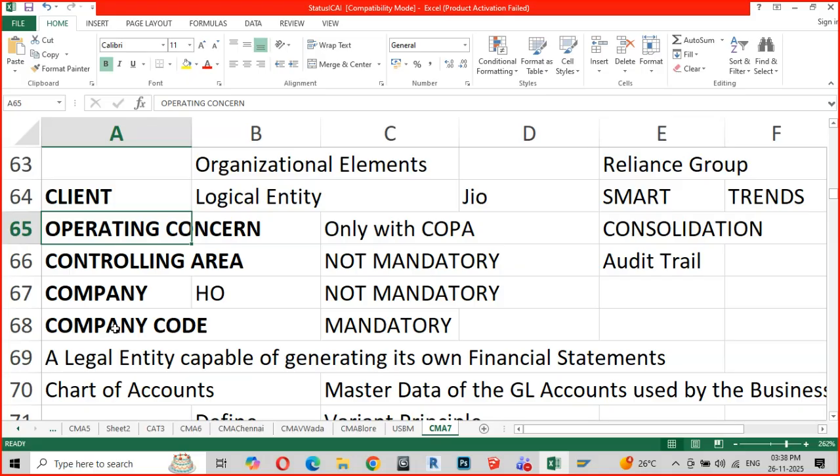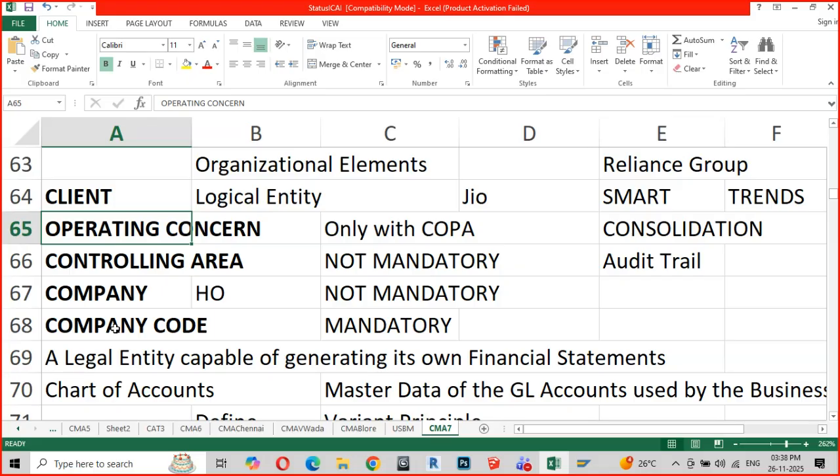So, now, whenever you have your company codes reporting back to its mother company or to the corporate office, you have another concept which is brought in, called the company.